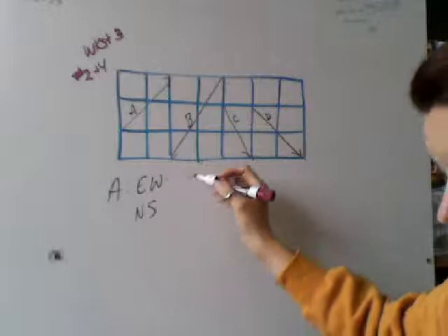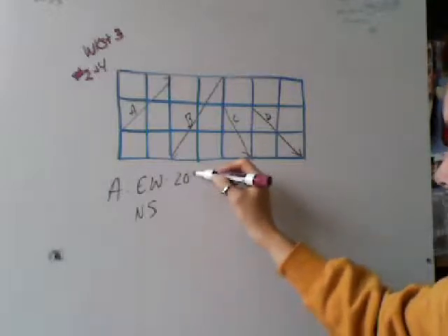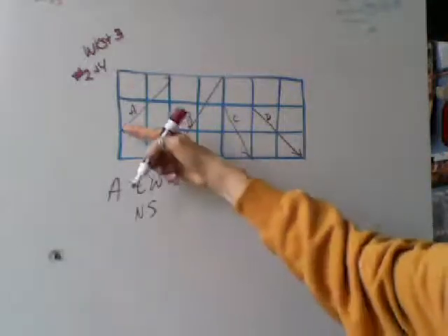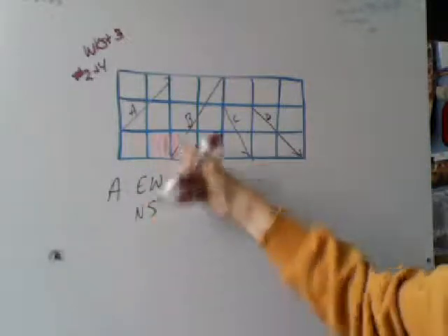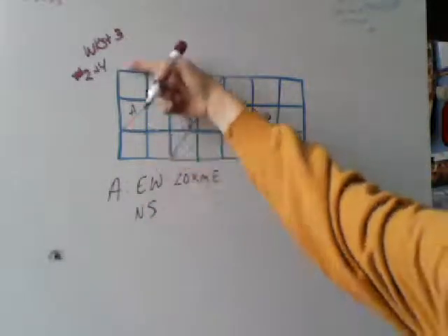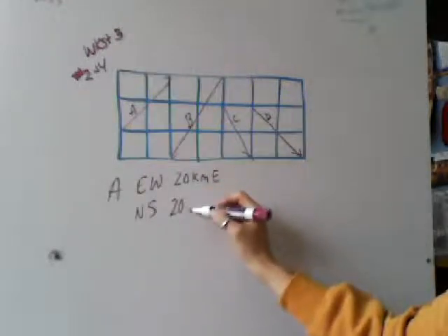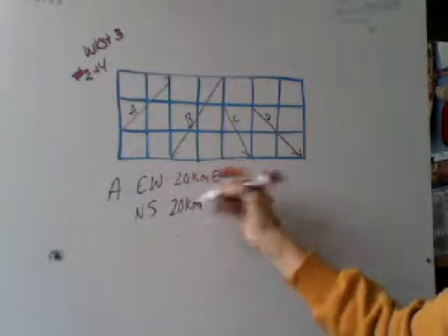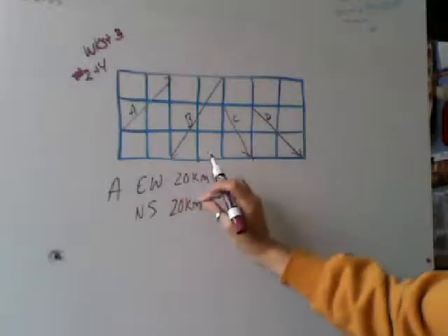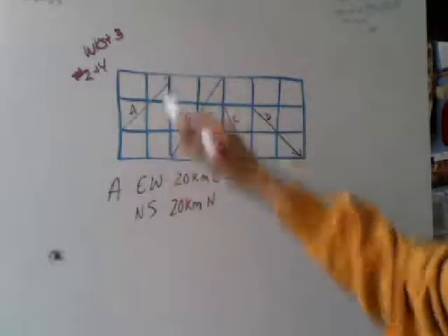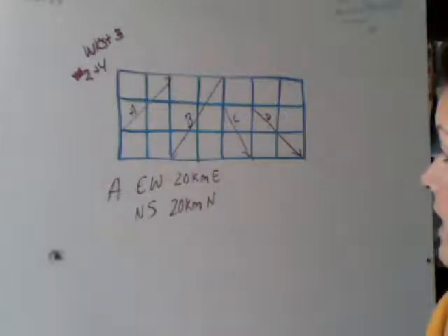So our east-west component is going to be 20 kilometers in an east direction, and our north-south component is going to be 20 kilometers in a northern direction. When we add those two components together, we get a vector that goes in that direction.